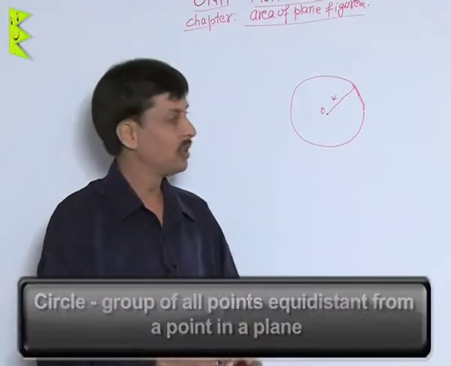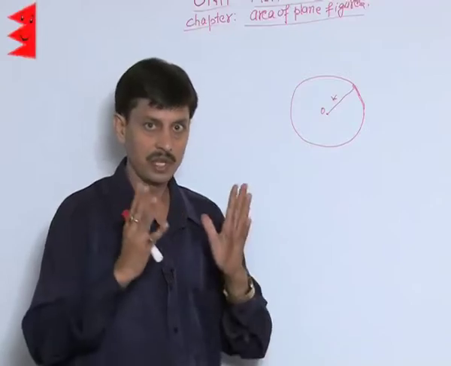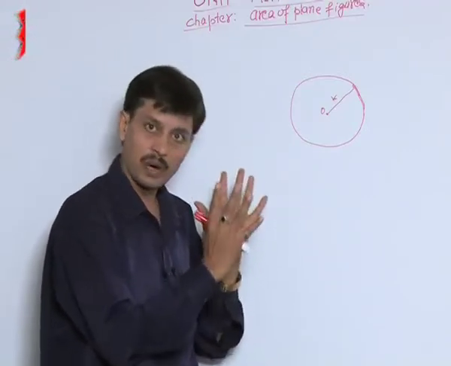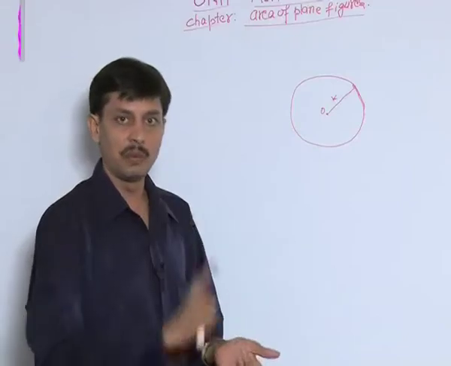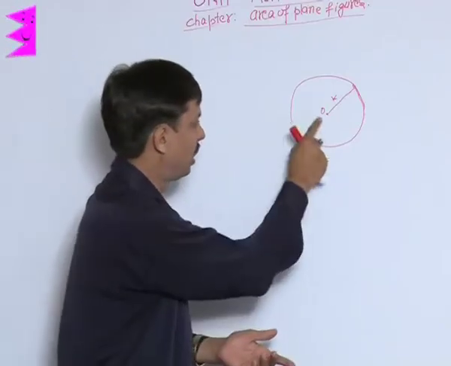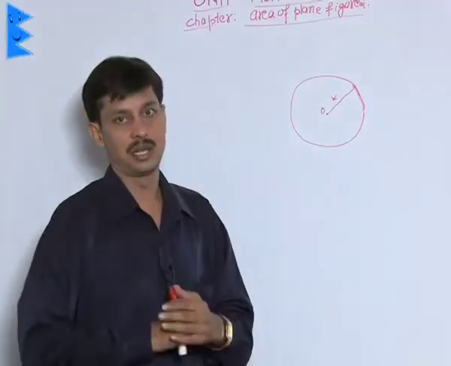If I remove this word plane, this is the definition of sphere. So the locus of a point in a plane in such a way that it remains at equal distance from a fixed point is known as the circle.